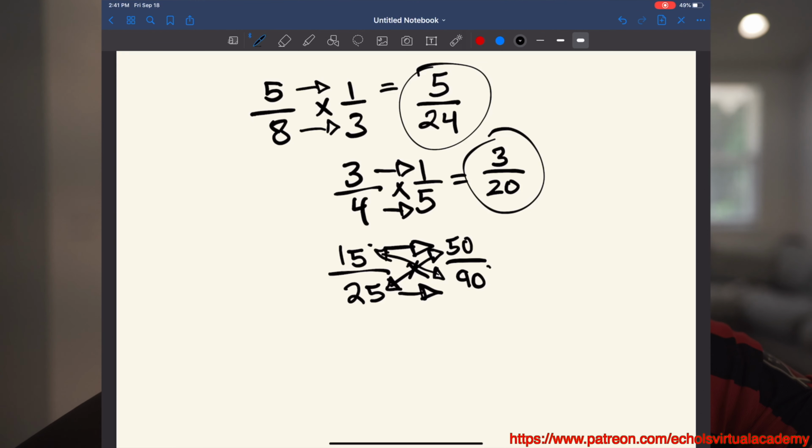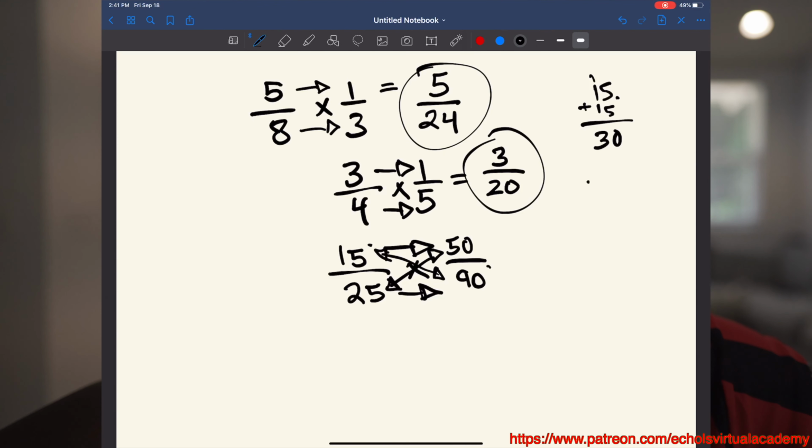Well, when you think about it, 15 plus 15 is 30, right? 5 plus 5 is 10. Carry the 1. 1 plus 1 plus 1 is 3, so you get 30. Well, you know that 3 goes into 9 3 times.